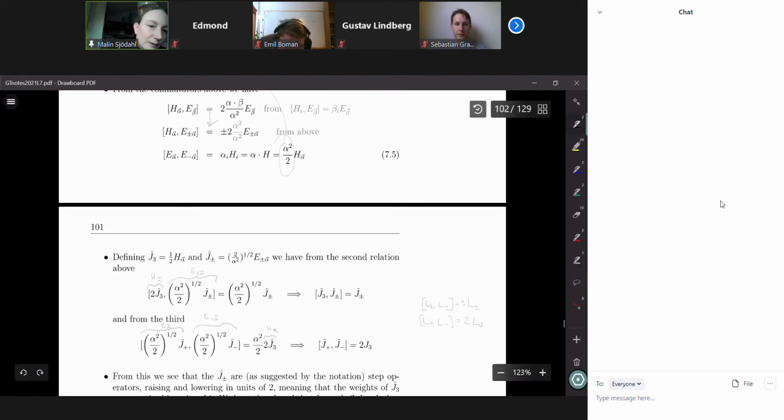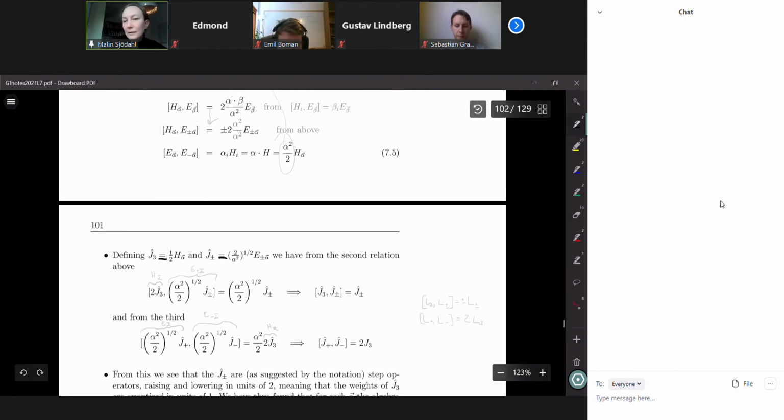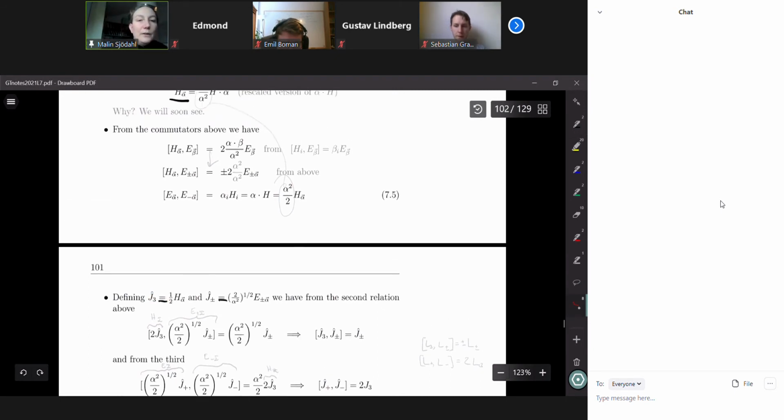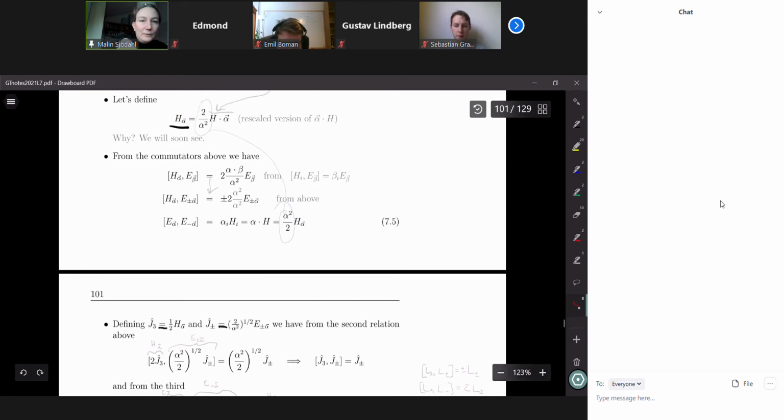So I define my J3 hat to be half of this H alpha from up here. And I also define hatted J plus and J minus to be a rescaled version of E alpha plus minus.